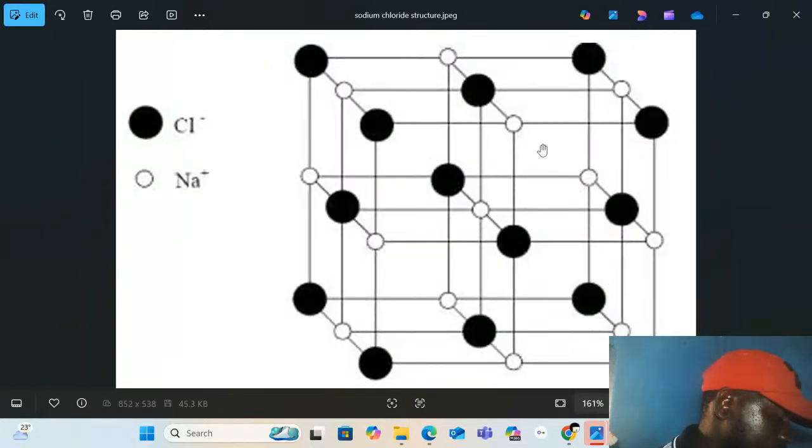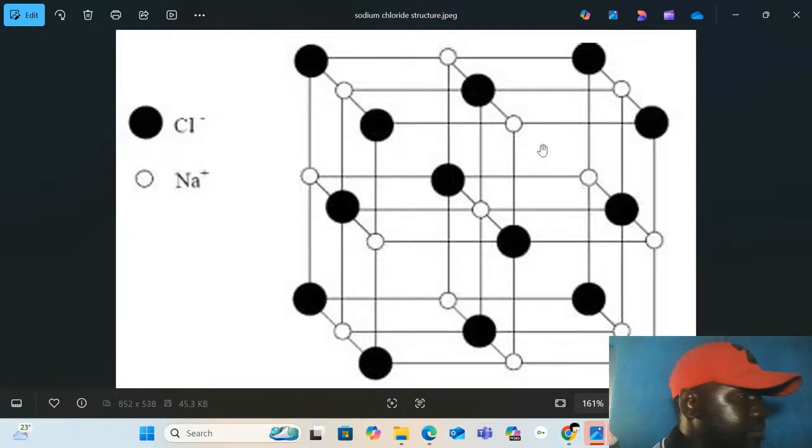And we have other compounds with similar crystal-like structures, giant ionic structures. For example, we have potassium bromide, potassium nitrate, sodium iodide, and calcium nitrate.